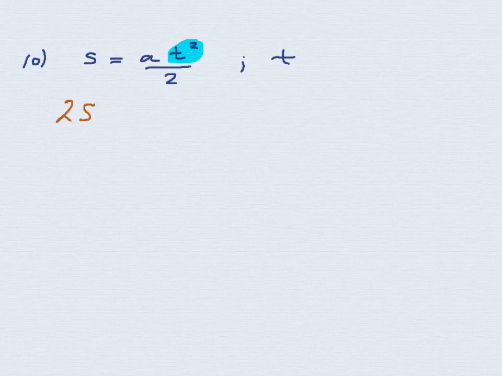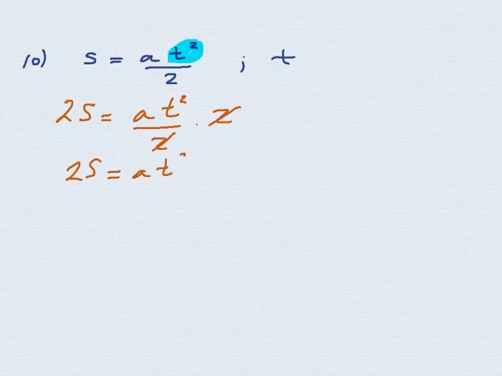So 2 times S is going to equal AT squared over 2 times 2. The 2's are gone. You're left with 2 times S equals AT squared. You want to solve for T, not AT squared. Let's get rid of the A. Divide left and right by an A, so the A's can cancel.